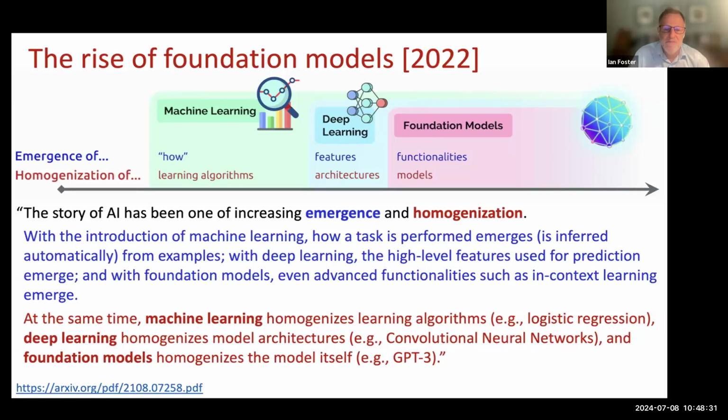Machine learning, in principle, allows the details of the machine learning algorithm to emerge from the learning process. With deep learning, the architecture emerges, and with foundation models, as we'll show, we can use the same model architecture, for example GPT-3, GPT-4, and other model architectures that we'll talk about, for a wide range of different problems.